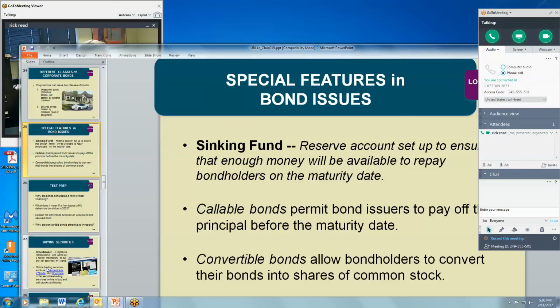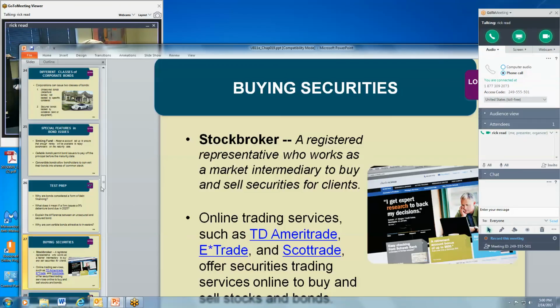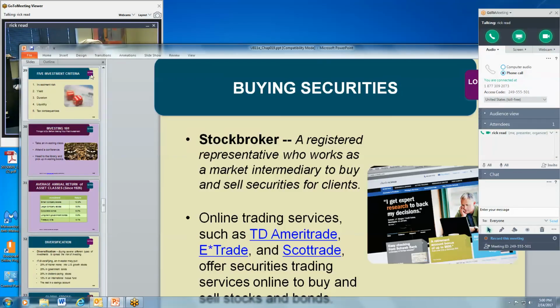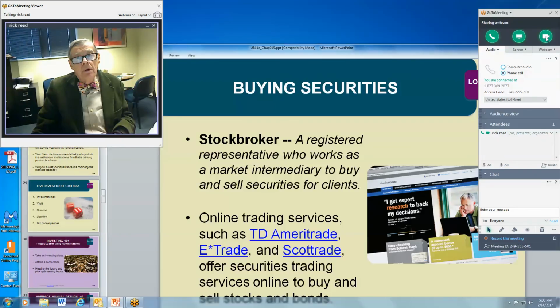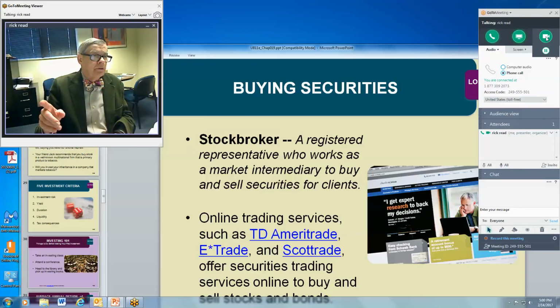All right. So how are we going to buy securities? Well, we have to go through a stockbroker. And this person, and I want to use the terms person and company interchangeably here, the person or company is a registered representative.